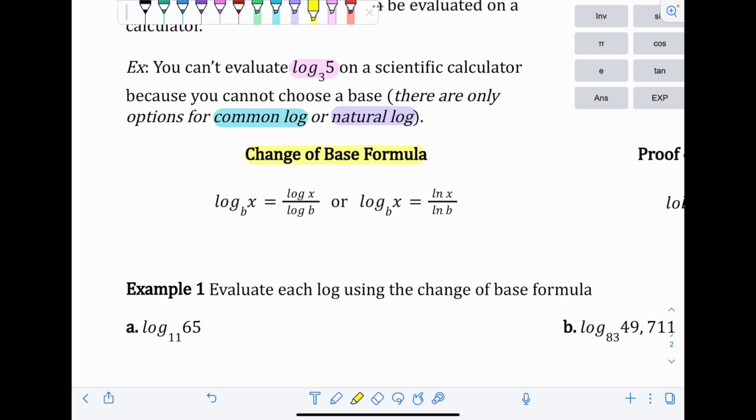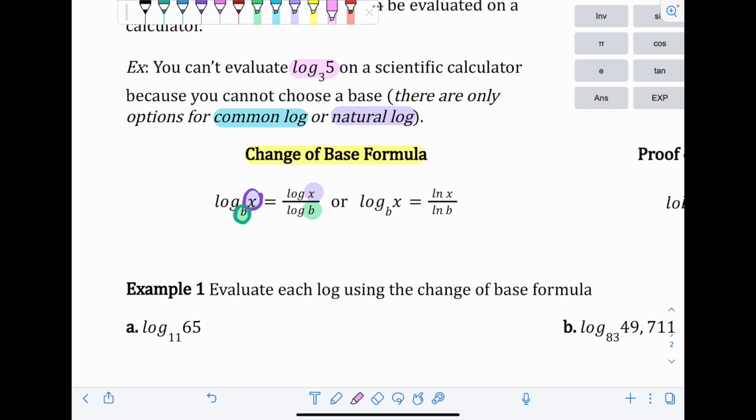So the first one is if I have log base b of x, a generic base. It's not common log, it's not natural log. The first option is I can change it into logs that have a common log. I would do that by taking the big number, what we're taking the log of, and that would go in the numerator. So it'd be common log of x. And then the original base is what we're going to be taking the log of in the denominator. Notice both of these got changed to common logs.